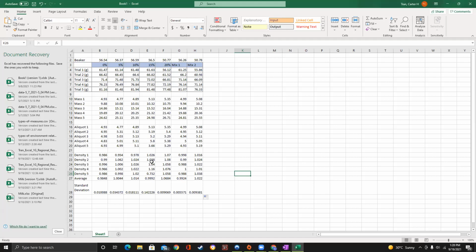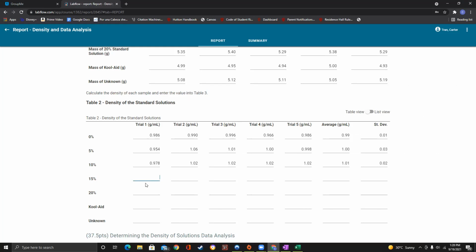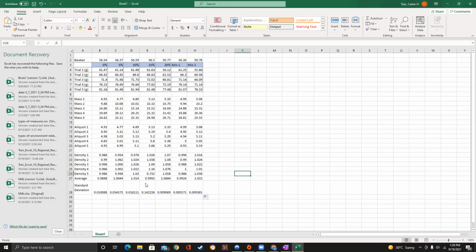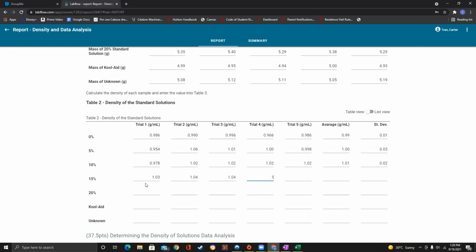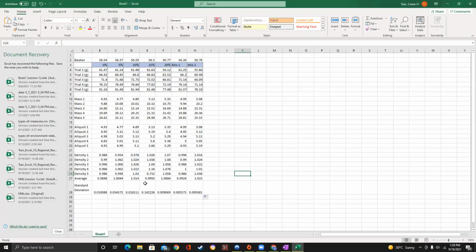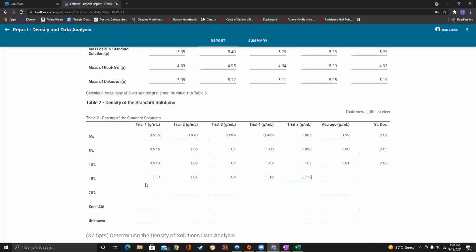Percent, 1.3, 1.4, 1.4, 1.16, 0.732, 0.999.